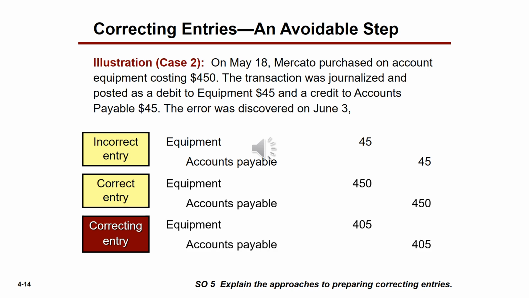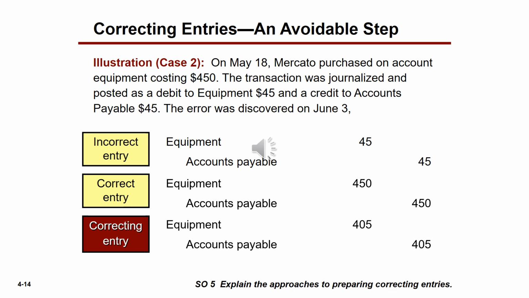Another example here: on May 18th, Mercato purchased on account equipment costing $450. The transaction was journalized and posted as a debit to equipment of $45 and a credit to accounts payable of $45. Now the entry here is fine, however the mistake, as you can notice, was dropping a zero.